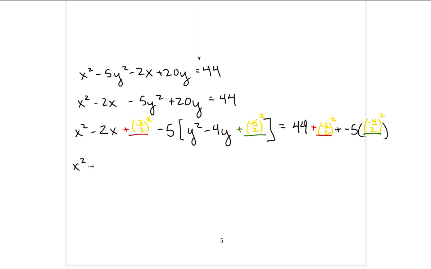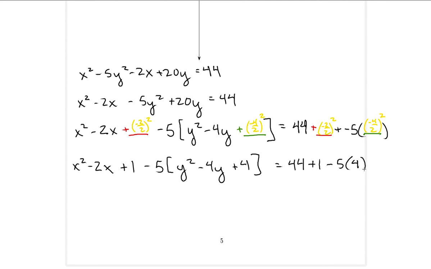So I get x squared minus 2x, and that's just going to be plus 1. Minus 5 times y squared minus 4y, and then divide that by 2, square it, so that's going to be plus 4. And then 44 plus 1 minus 5 times 4.